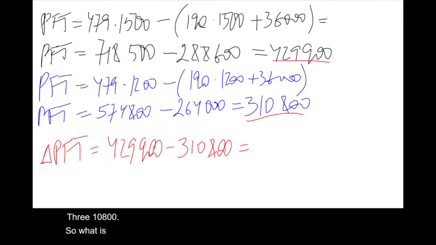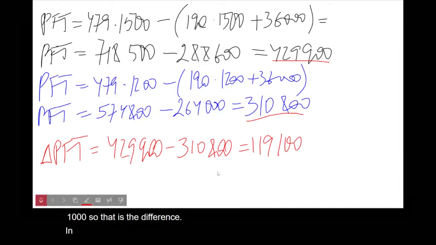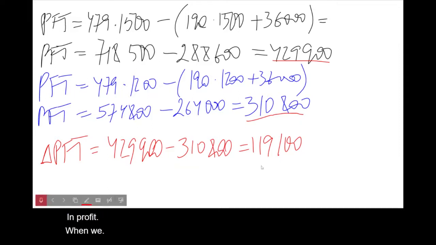So what is that? That is $119,000. That is the difference in profit when we sell only 100 units per month. That's it. Any questions?